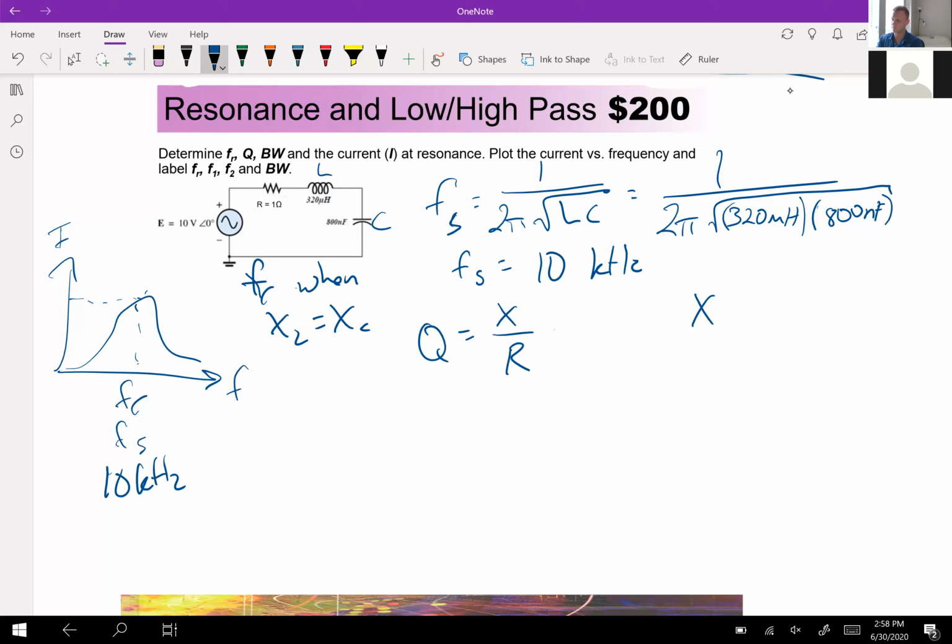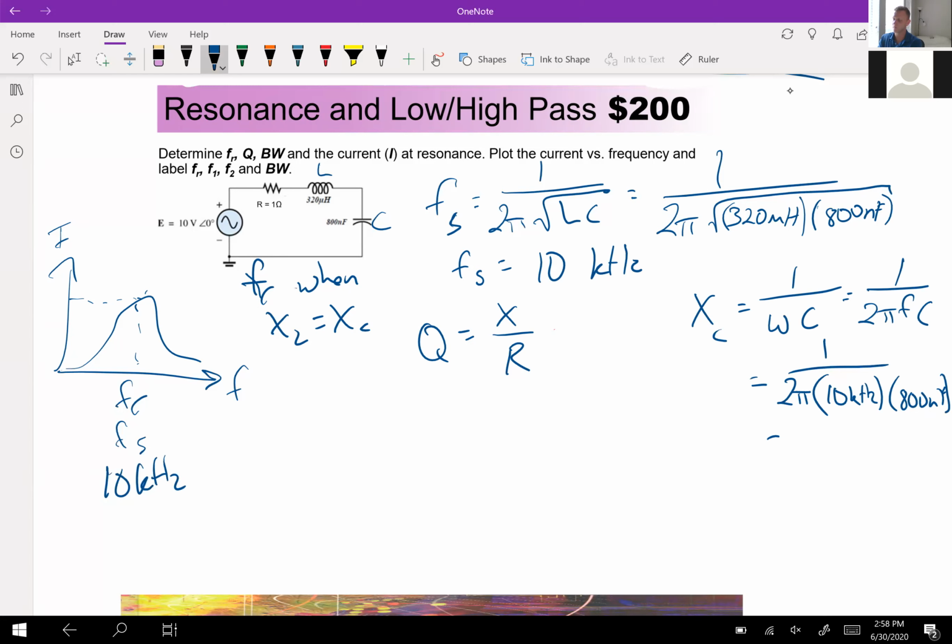I'll use XC, 1 over omega C, which is 1 over 2 pi FC, and that would equal 1 over 2 pi. The F that we're using is at the resonant frequency, so 10 kilohertz, 800 nanofarads. That comes out to 20 ohms.